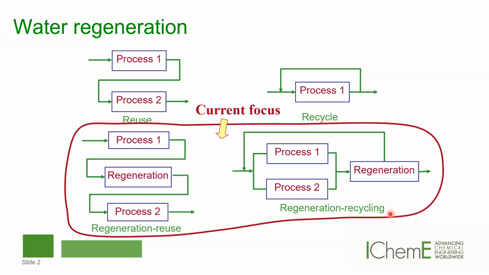Again, what do we mean when we regenerate a stream? Regeneration is where we use a purification method to purify the stream before it's used, say, in another unit for regeneration reuse, and for recycling to the start of the process in regeneration recycling.